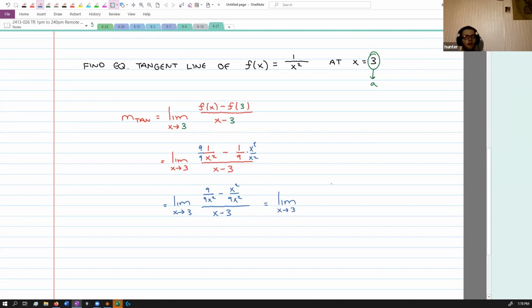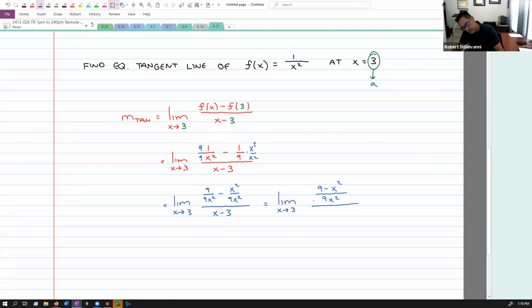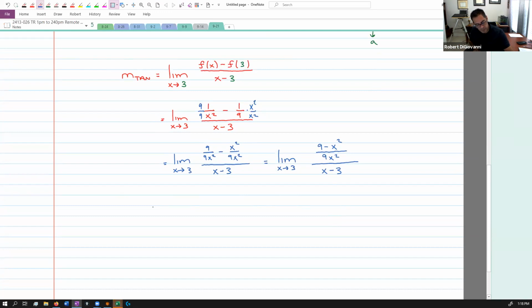That is a difference of squares on top. We're probably going to need that because the bottom is x minus 3. If we factor that, we're going to get something close to x minus 3. It's not going to be exactly the same, but let's go ahead and do it.